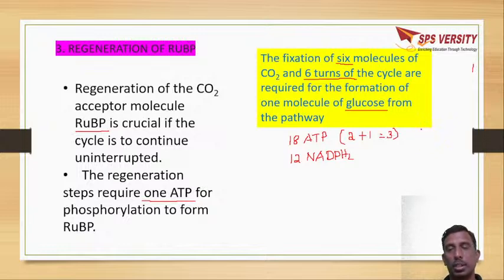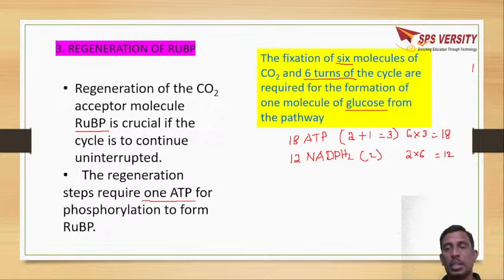So for 6 CO2, 6 multiplied with 3, 18. NADPH2: 2 NADPH2 are used in reduction, so 2 multiplied with 6, 12 NADPH2.